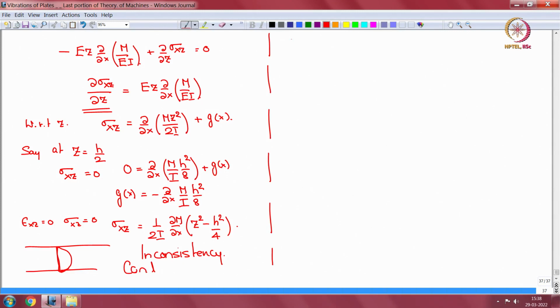You find conditions such that sigma xz is also a small quantity.